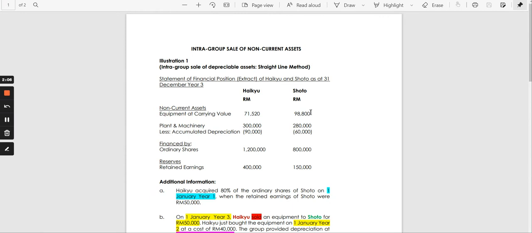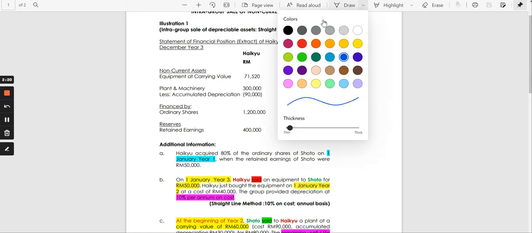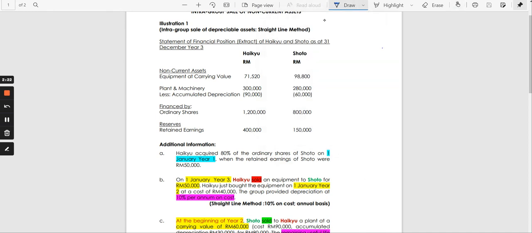you can see here, you have the financial statement or statement of financial position of Haiku and Shoto as at 31st of December, year 3. This is going to be the current financial year end of the company, and that is also known as the reporting date.